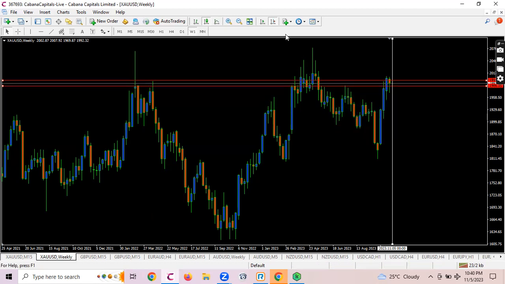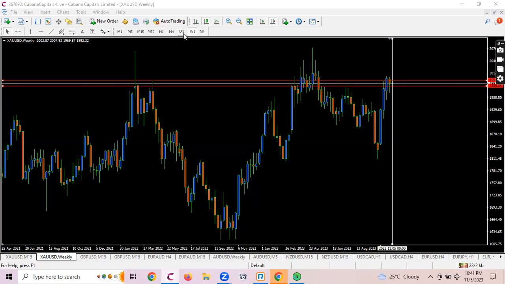Can you see that? So it's most likely they just filled this gap. So there's a probability that gold will be bearish this week. Anything that makes price break this level, this is on 1986.05. If the candle closes below that level, I would expect more bearish move on gold this week.